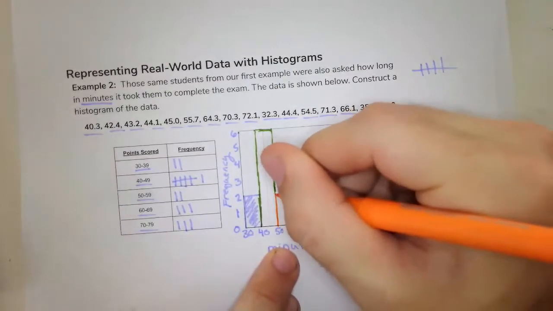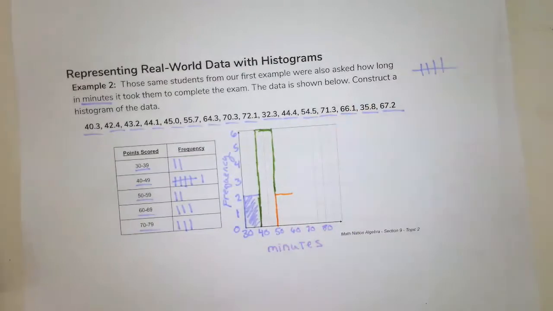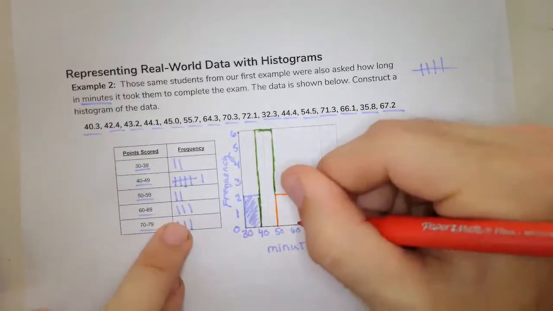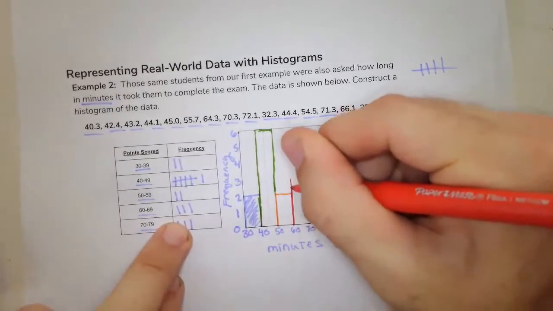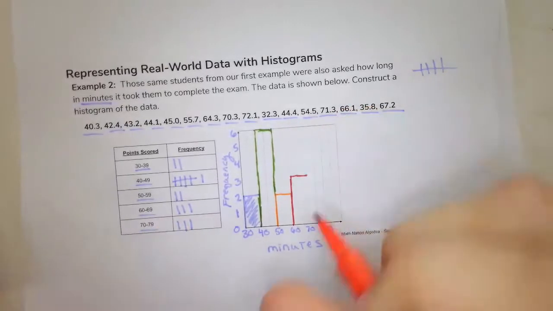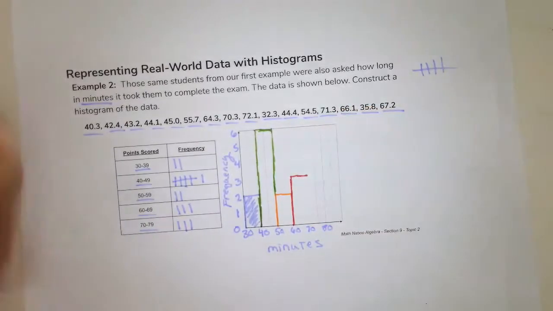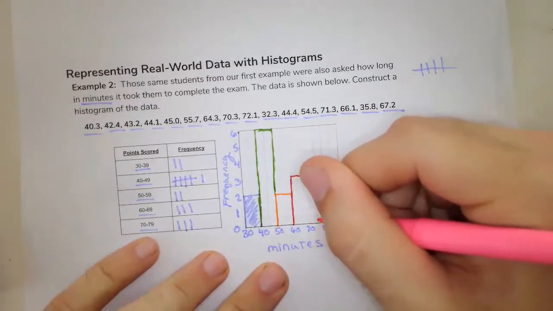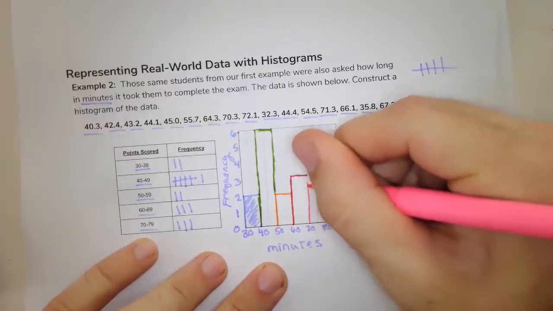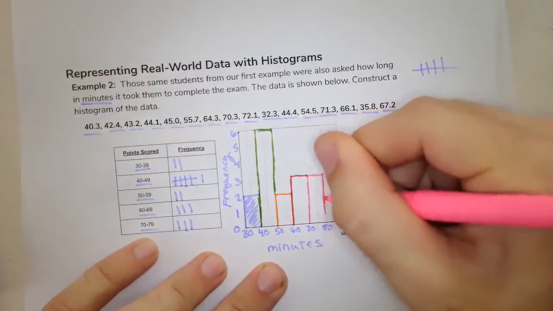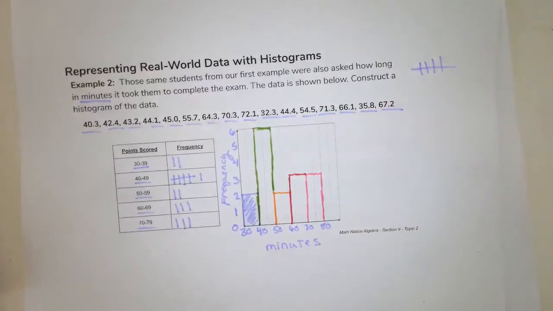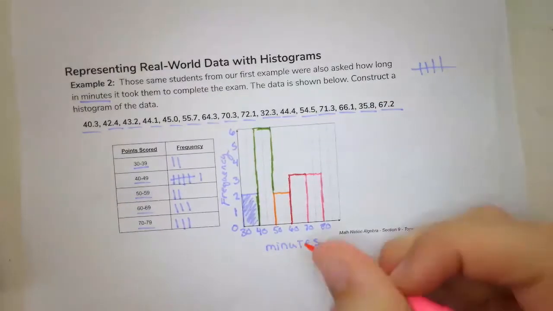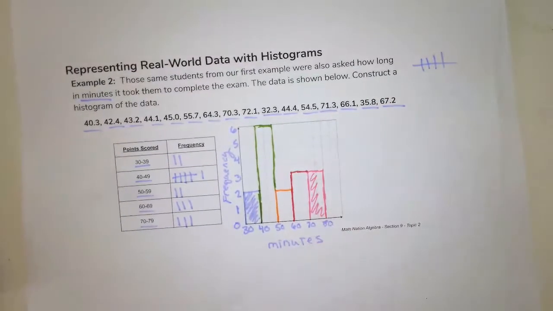So from 50 to 60, it's orange, it happens twice. Change of colors. 60 to 69 is 3. So from here to there, it's 3. And finally, from 70 to 80, that would also be 3. And if I just make it a little pretty, I color this stuff in.